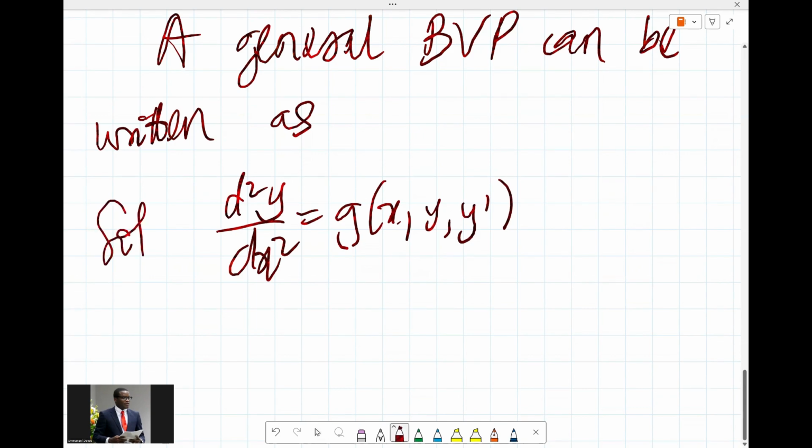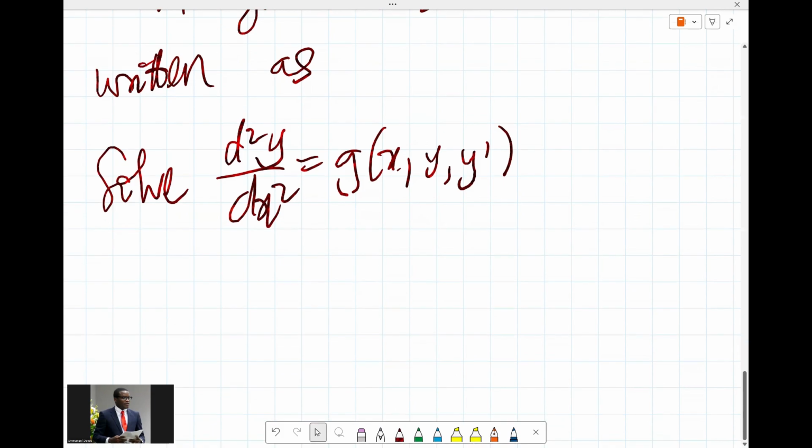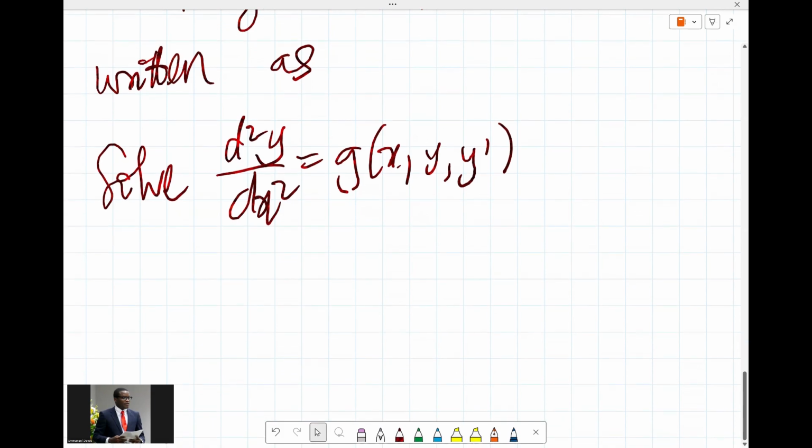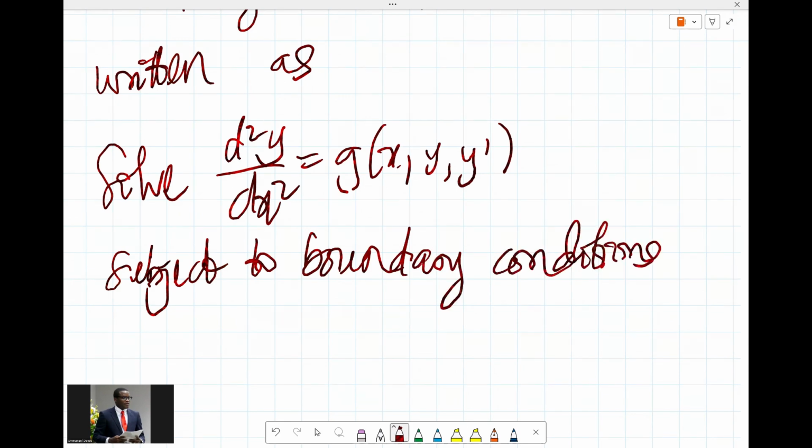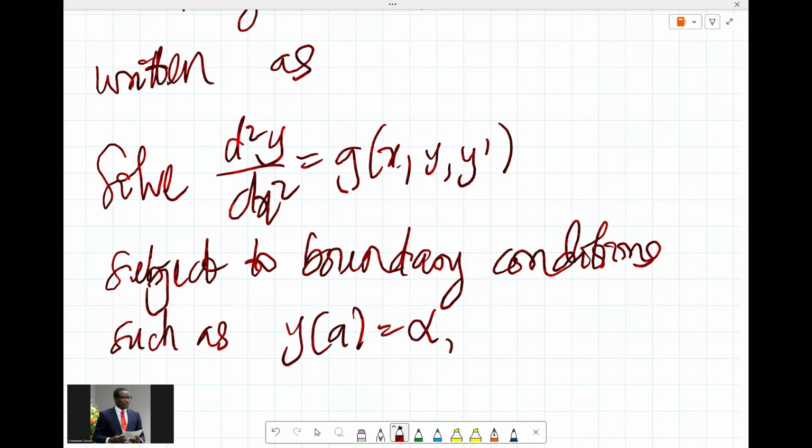Maybe you're told to solve d squared y dx squared equals g of x, y and y prime, subject to boundary conditions such as y at the point A is equal to alpha and y at point B is equal to beta.